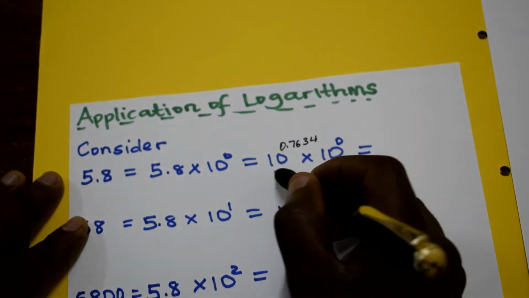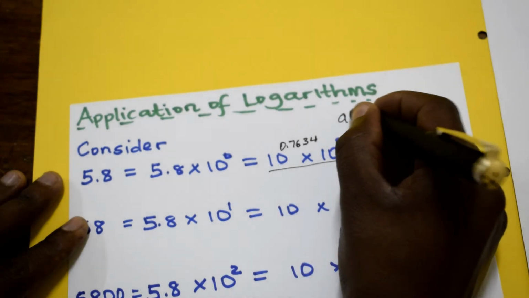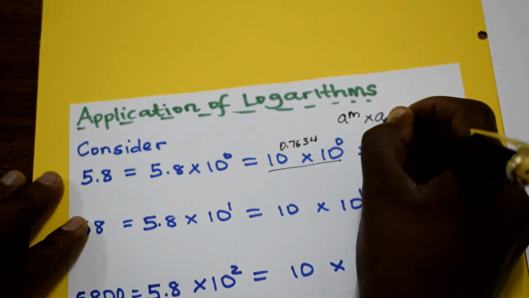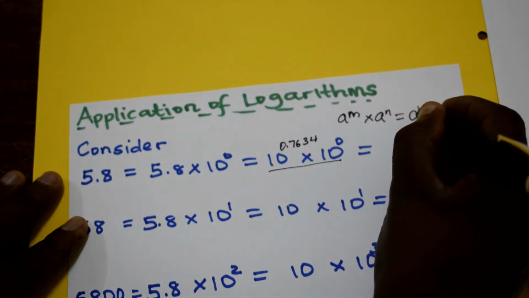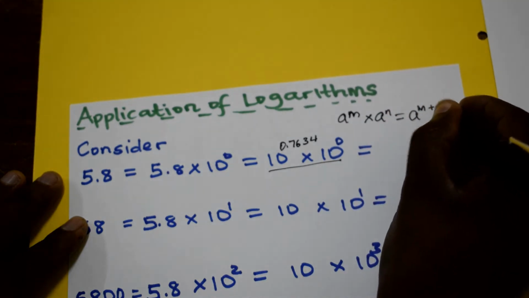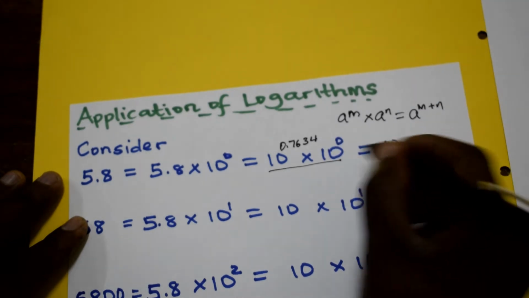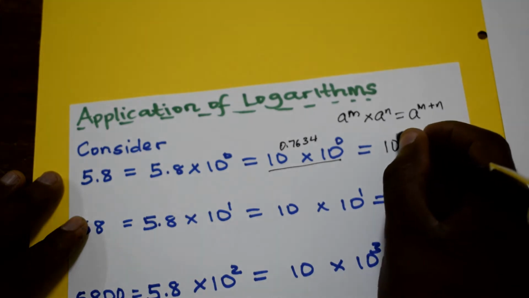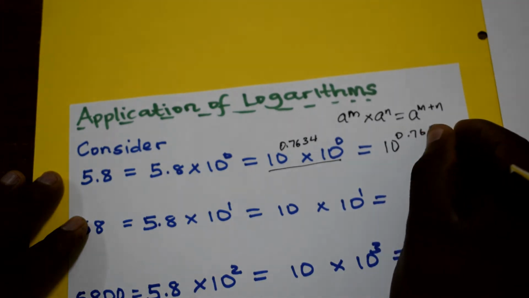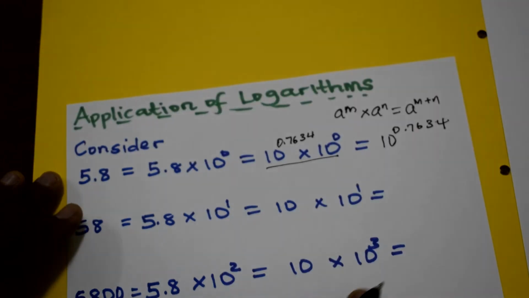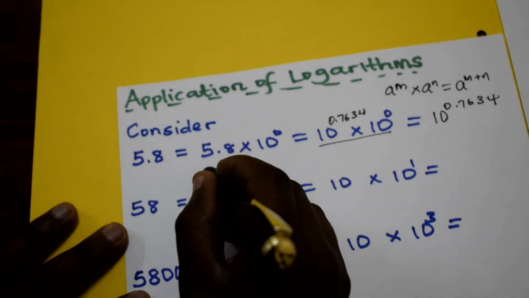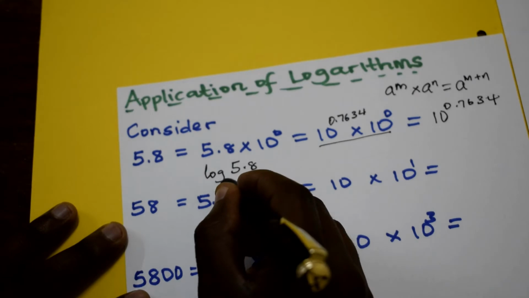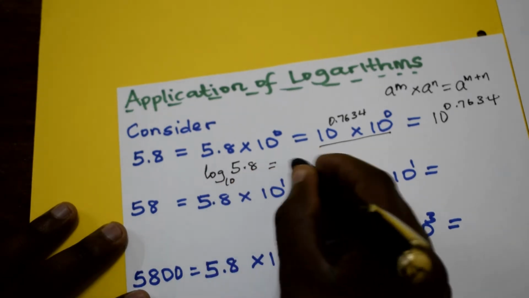And since we said initially that a power m multiplied by a power n, we add the powers, then this would be 10 power 0 plus 0.7634. So the logarithm of 5.8 to base 10 will be given by 0.7634.